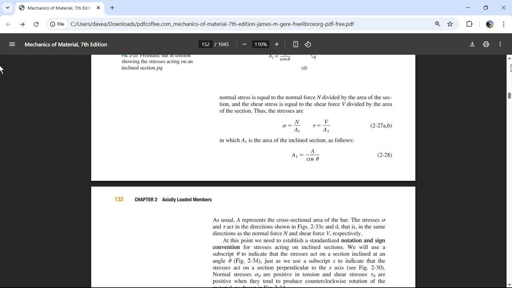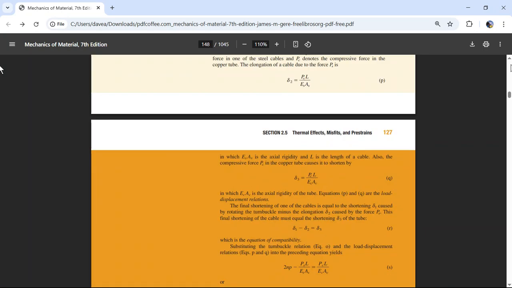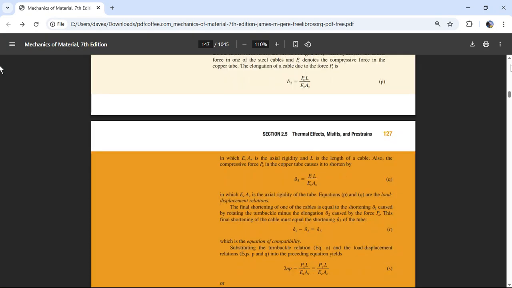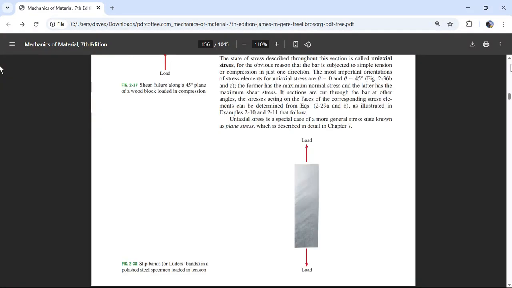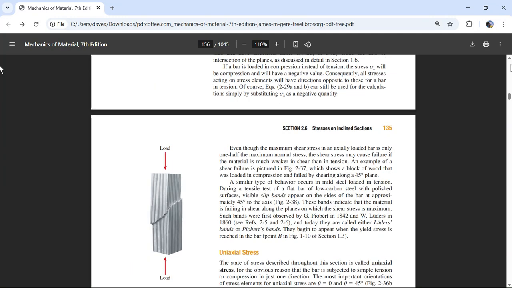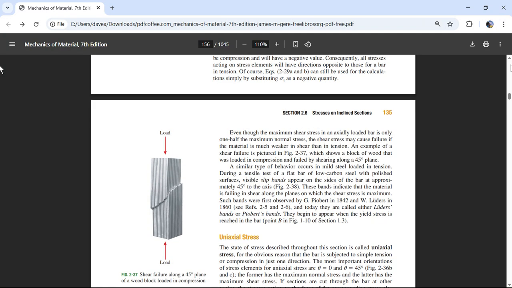All right, so we're in the right place. Especially when you load wood in compression, wood can't take very much compression compared to how much it can take in tension. See these bands? These bands want to take tensile loads.